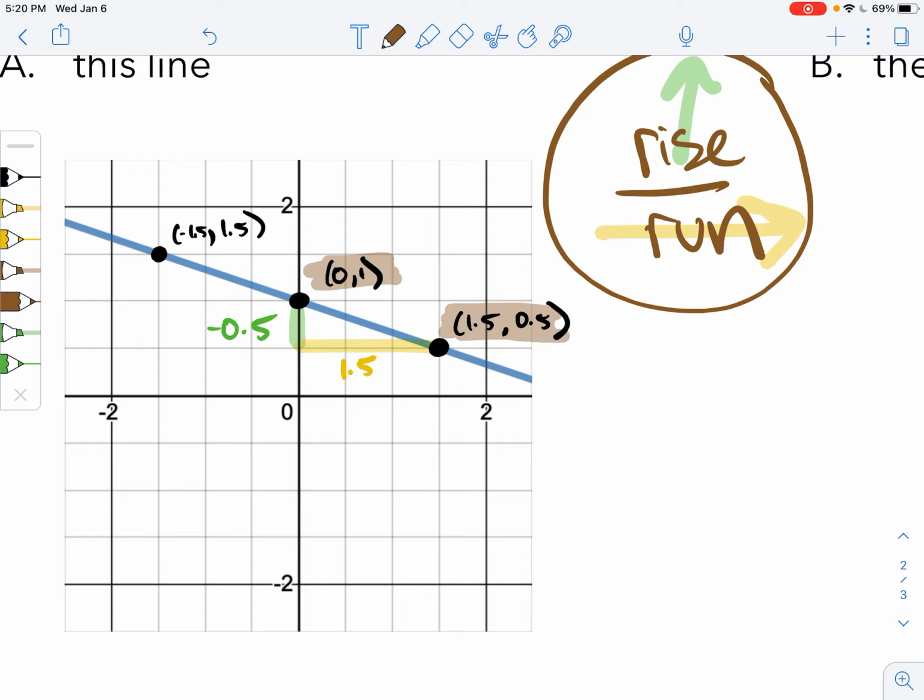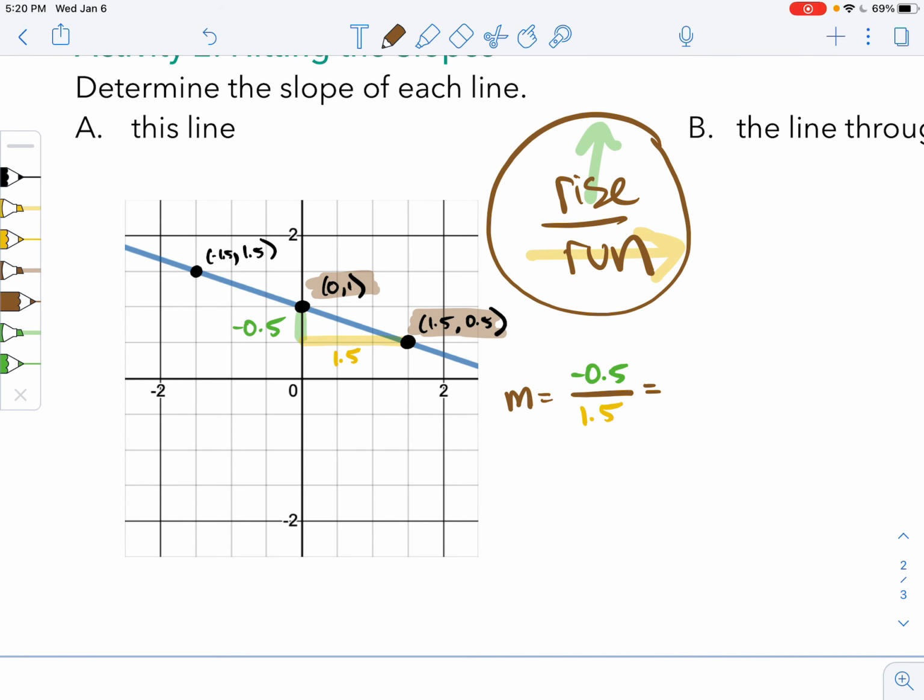So we say our slope equals our rise over run. We went down 0.5. Our run was 1.5. We get -0.5 over 1.5, which is... oh my goodness, guys, I didn't write this down.